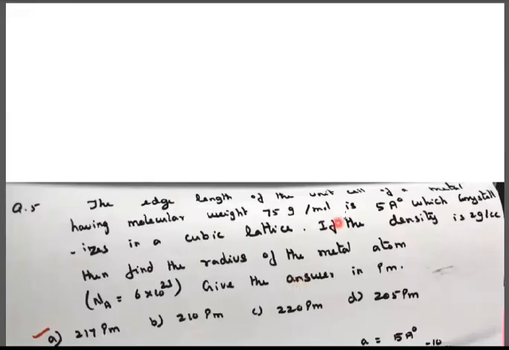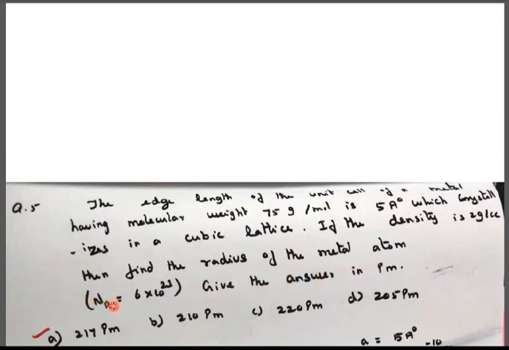Then the edge length of the unit cell of the metal having the molecular weight 75 gram per mole is 5 Angstrom, which crystallizes in a cubic lattice. If the density is 2 gram per cc, cubic centimeter, then find the radius of the metal atom.